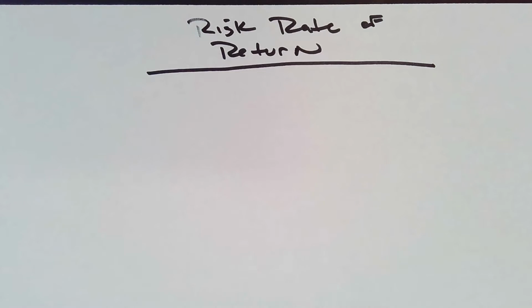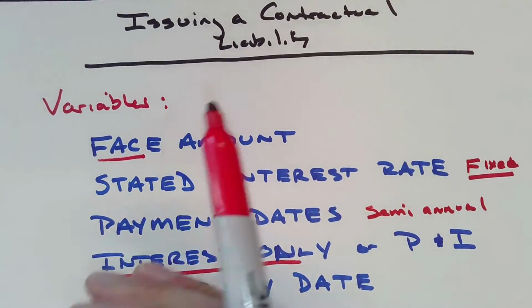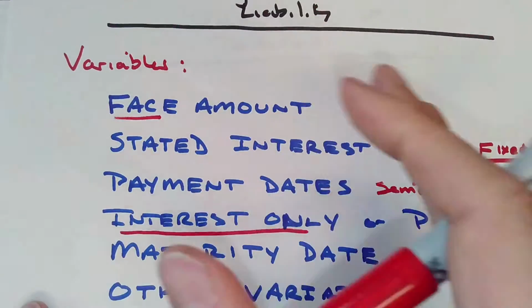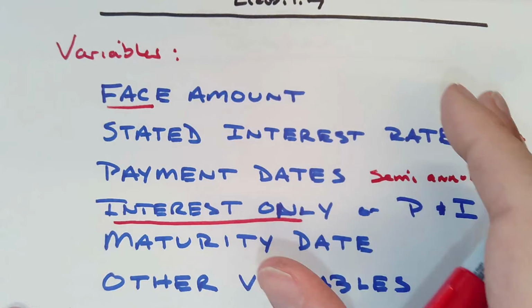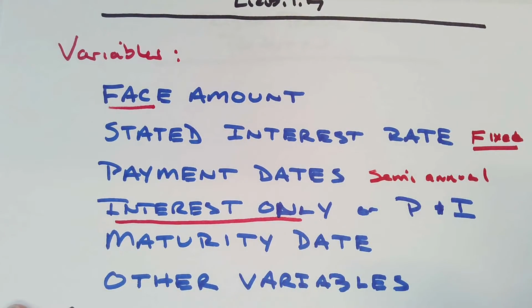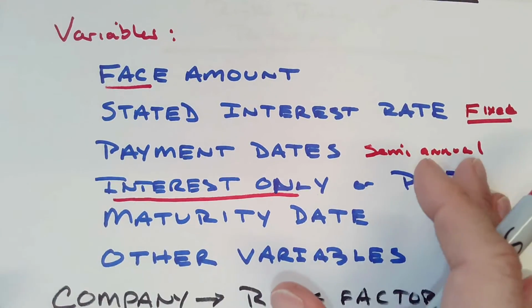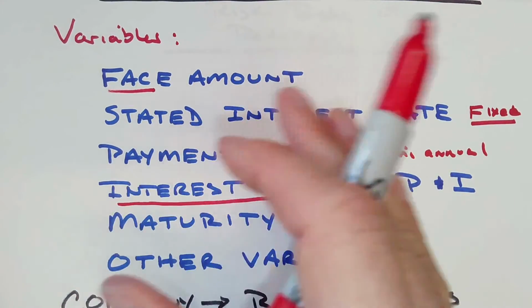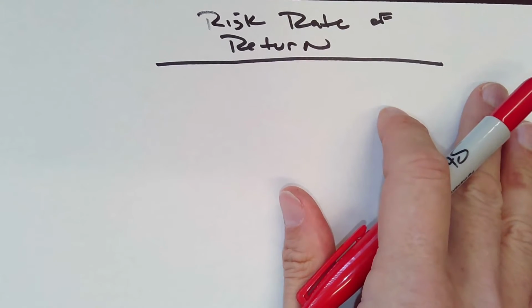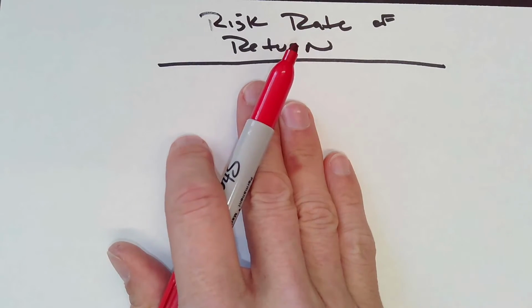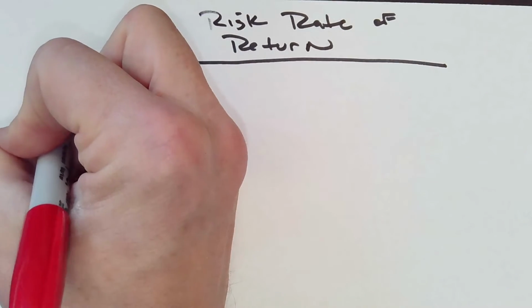And yeah, you can go to the market, we can look at the company, find out what their credit rating is, and figure out, given the credit rating, what should be a reasonable return, et cetera, et cetera. That's the easy way. Let's do it the hard way, so that you understand maybe how that rate came to be. So when we think about the risk rate of return, we always start with the risk-free rate.